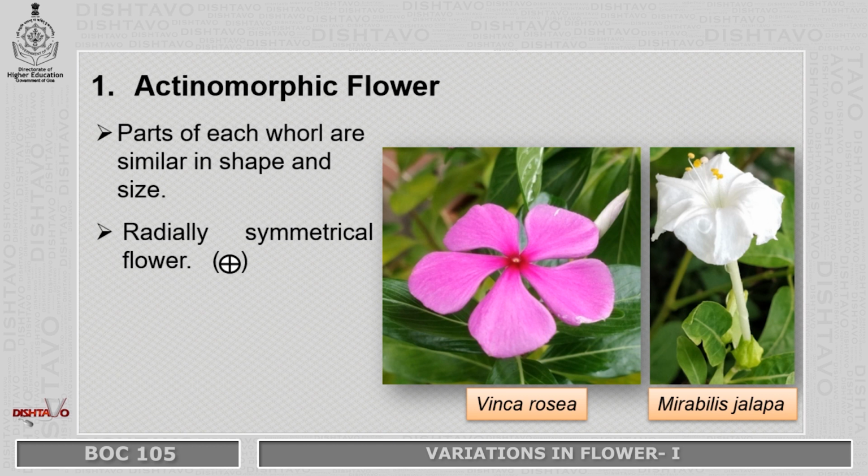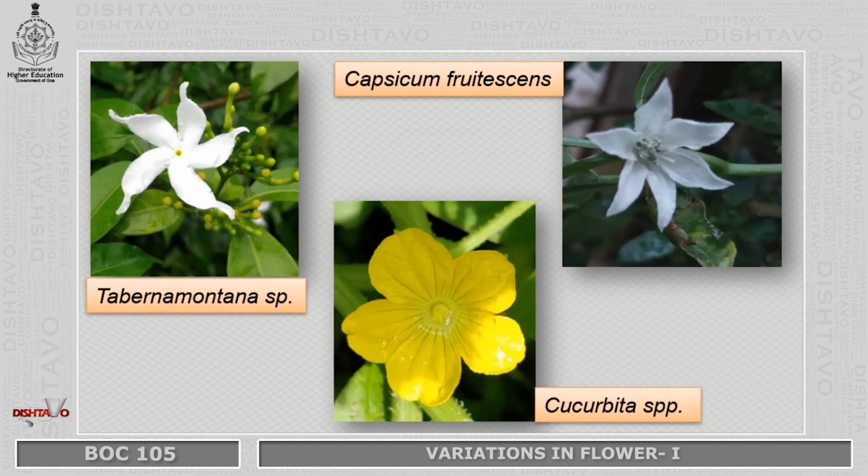Actinomorphic flowers are also called radially symmetrical flowers. Actinomorphic flowers are shown by a symbol which is shown in the bracket. The examples of actinomorphic flowers are Vinca rosea, Mirabilis jalapa, Tabernaemontana species, Capsicum frutescens and Cucurbita species.